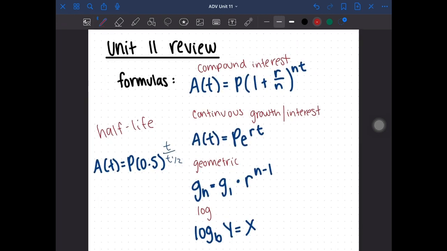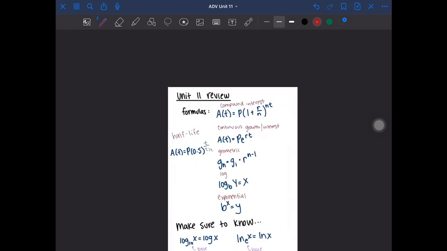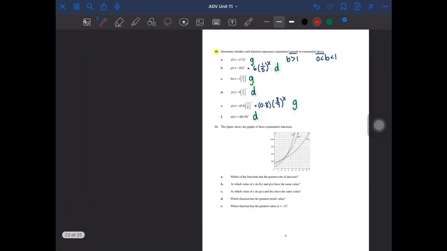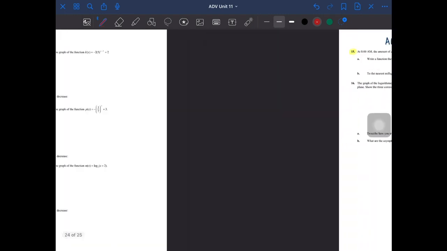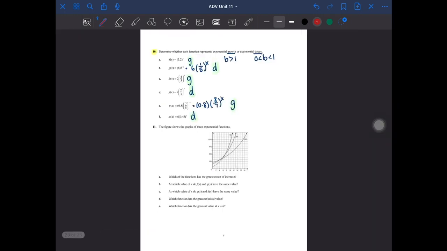Also, make sure you know how to write down formulas, not necessarily solve, but writing them. Another thing is knowing how to do transformations of logs. Please know, let's see if there's one on here. No, I don't necessarily see one. But please, please, please make sure you know how to do a transformation table.